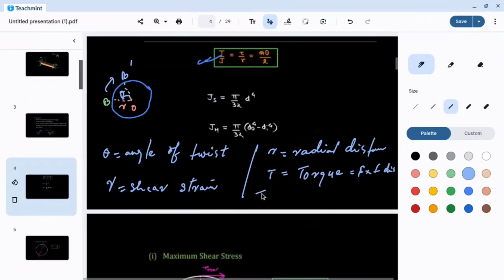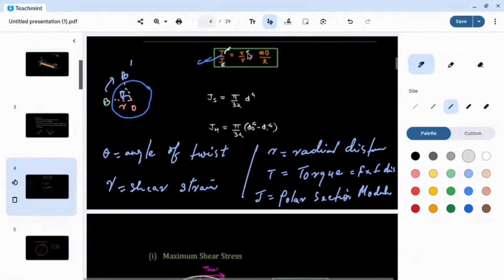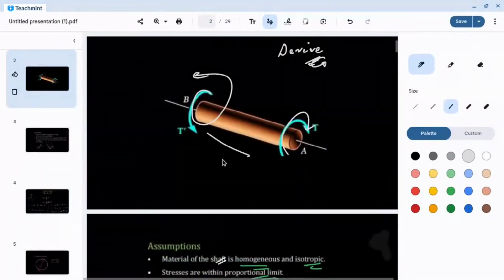This is J, which is called the polar section modulus. We don't have time for the derivation, so just bear with that. Whatever the equation is, T is the torque, polar section modulus, shear strain, radial distance, theta, and L is the length.